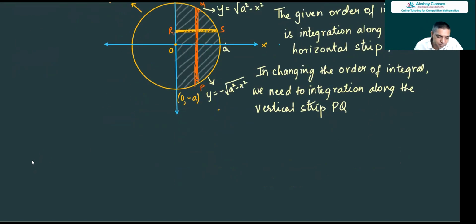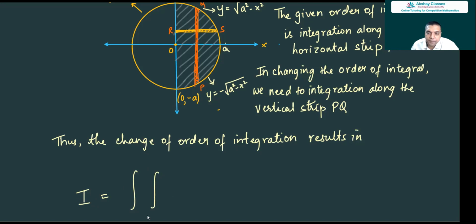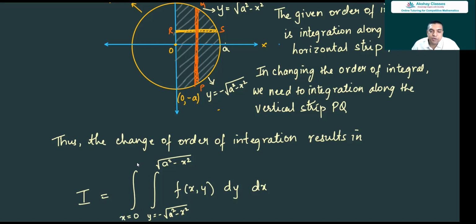So the change of order of integration results in this integral I equal to integral, where y is from minus under root of a square minus x square to under root of a square minus x square, f of x comma y dy first and then dx.